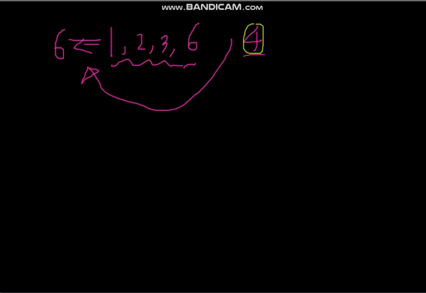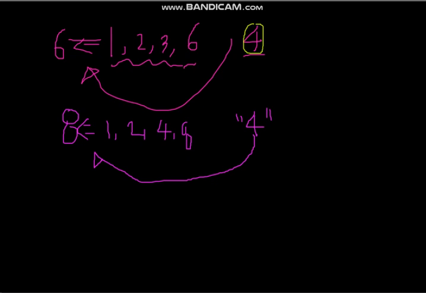But what if you want to get the factors of 8? You look for whatever numbers divide 8. That's going to be 1, 2, 4, 8. So there are also four factors for 8, right?